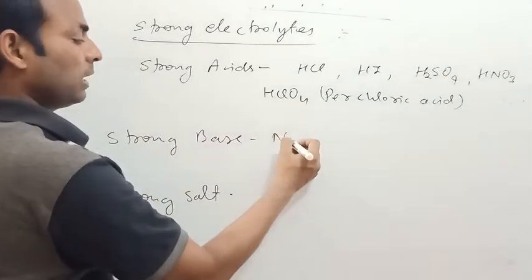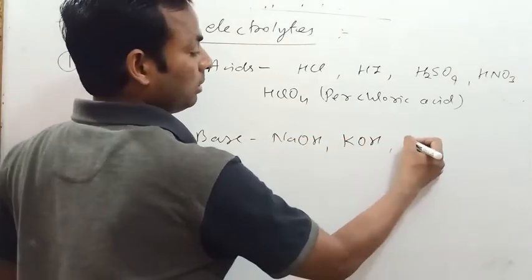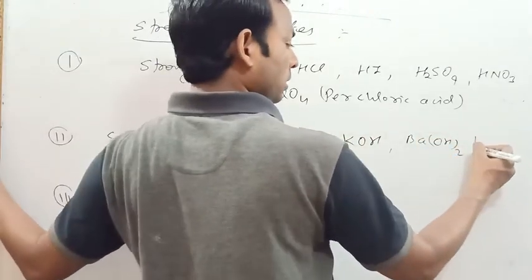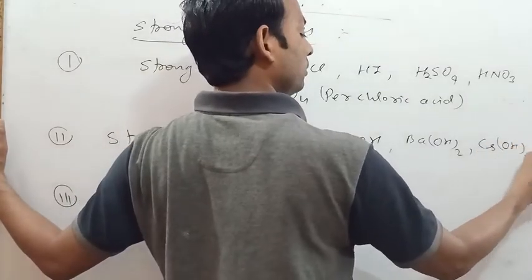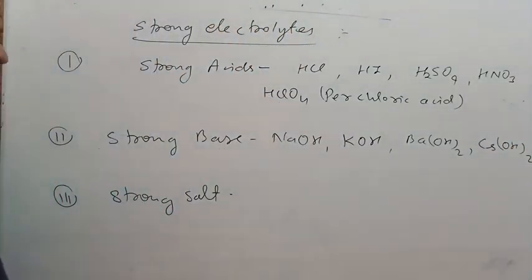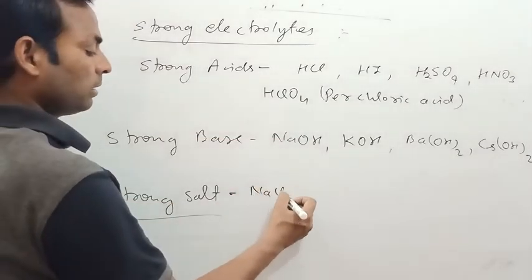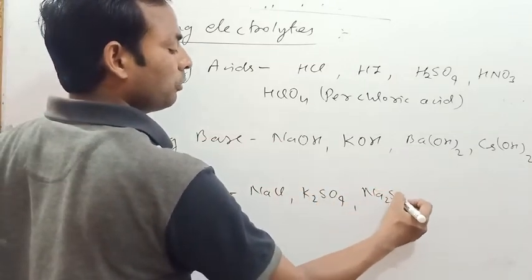Strong bases are like NaOH, KOH potassium hydroxide, barium hydroxide Ba(OH)2, cesium hydroxide. These are strong bases. Strong salts are like NaCl, K2SO4, Na2SO4.